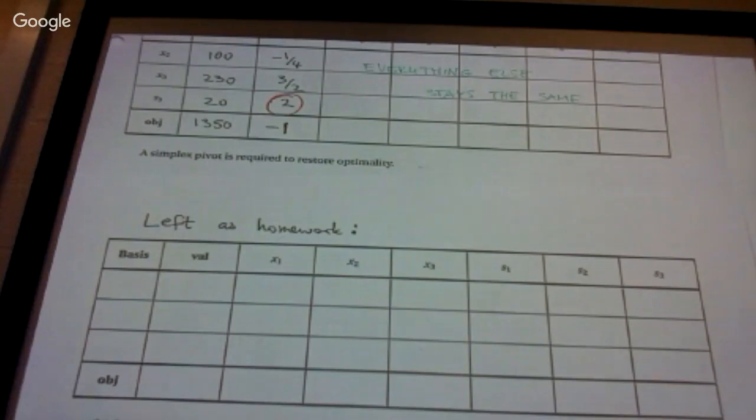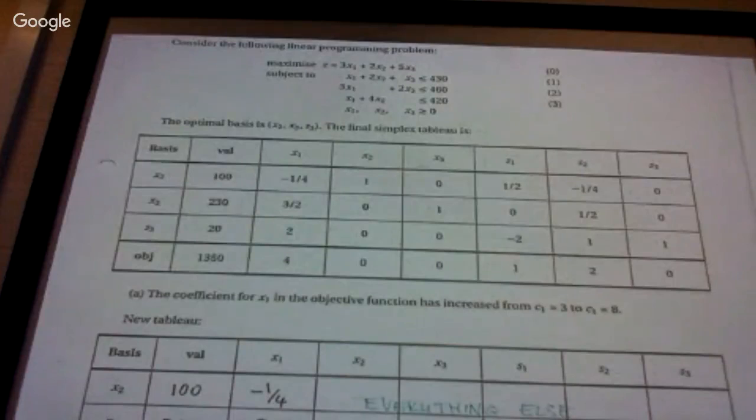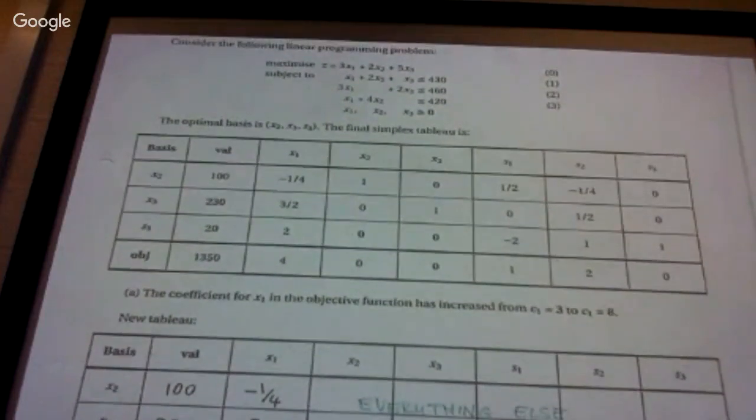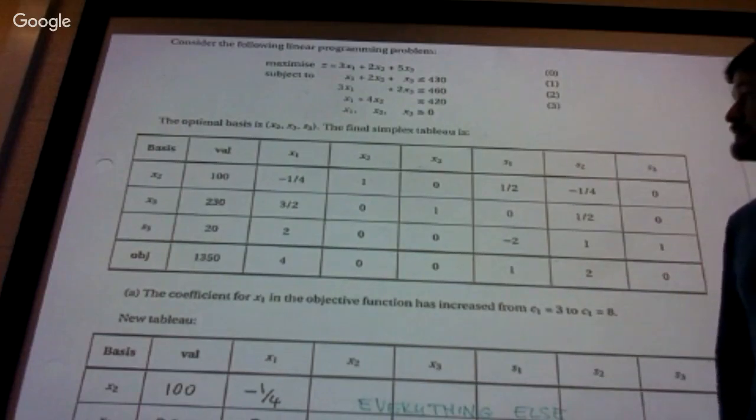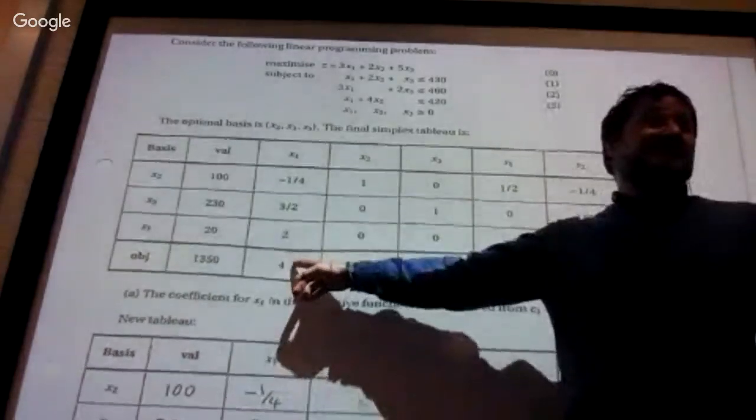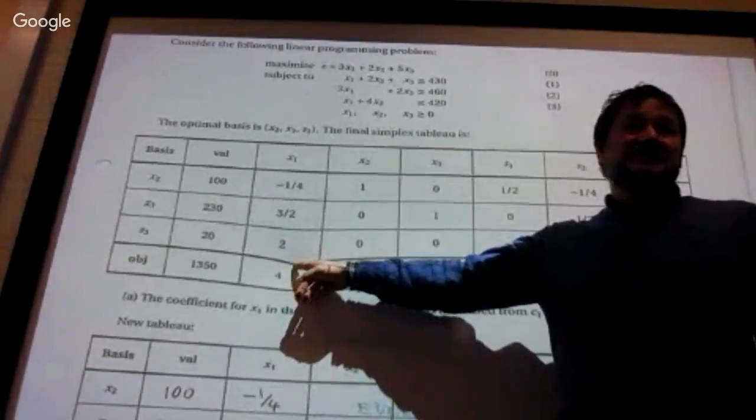And then you'll get the new optimal solution. Now there's a very interesting thing to mention, and we'll come back to it again. What's that interesting thing? This 4 gives you some information, doesn't it?